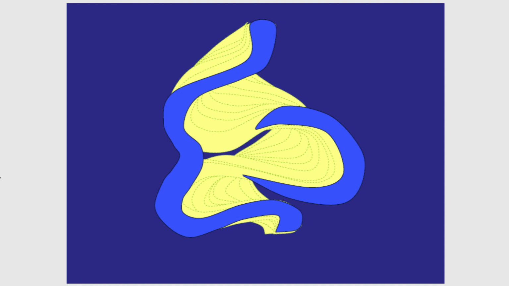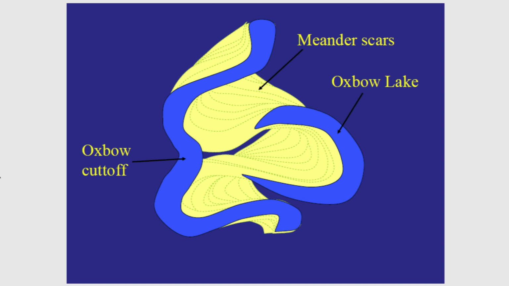Major inputs of water and sediment will contribute to the erosion of banks and can lead to a complete change in the course of major flows and a change in the morphology of channels. So the oxbow cutoff is forming in that location, and then you have the oxbow lake on the right as a result of this process as well.